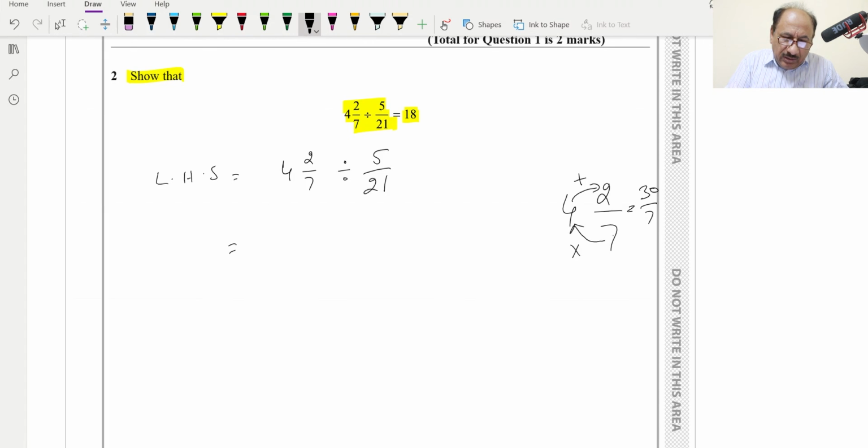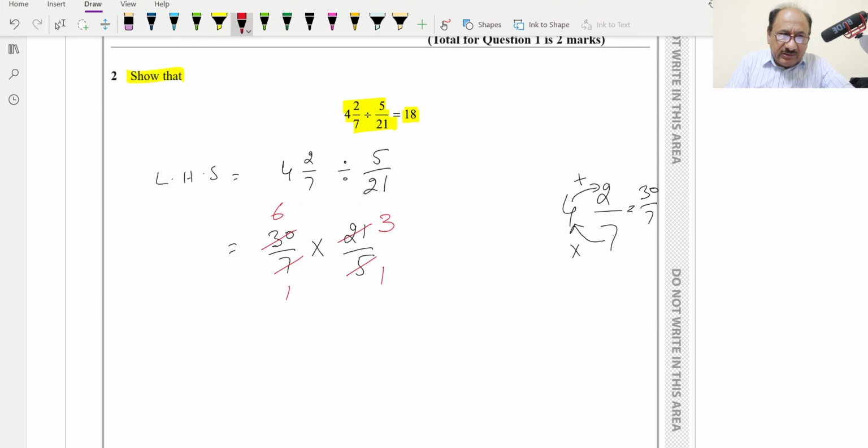So we can write it as 30 over 7, and this division sign we can switch to multiplication by writing the reciprocal of this one, so it will be 21 over 5. And we can cancel, for cancellation 7 ones are 7, 7 threes are 21, and 5 ones are 5, and 5 sixes are 30, so we can write 5 sixes are 30 over here.